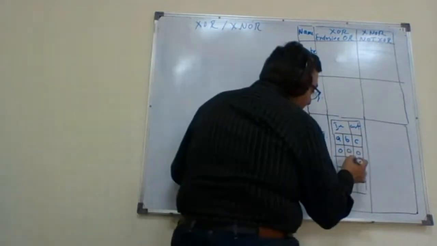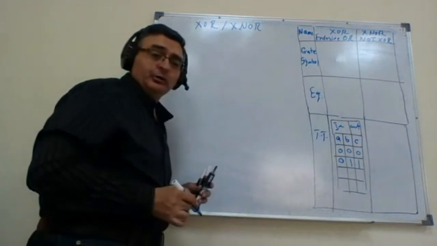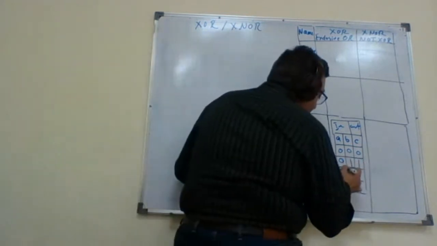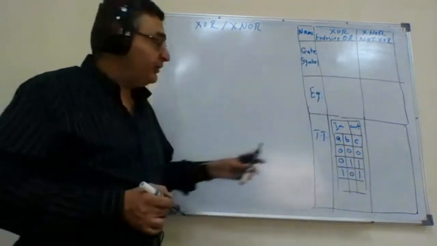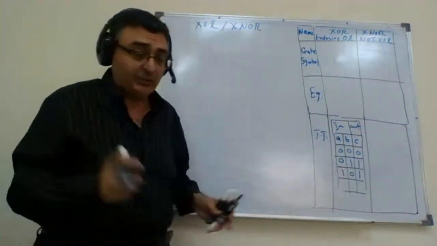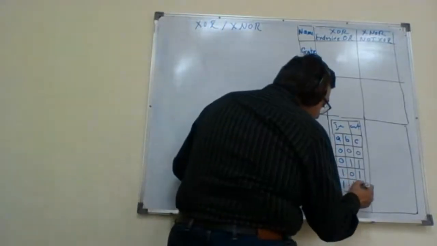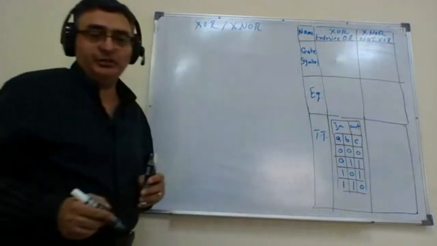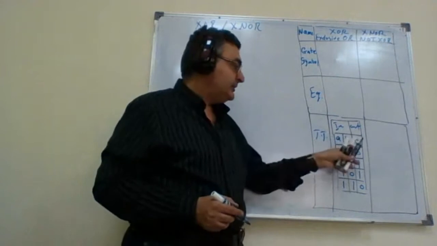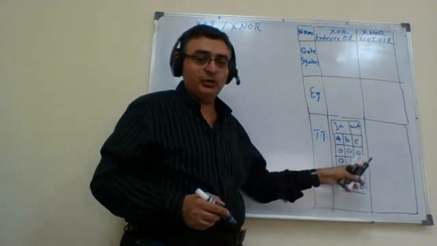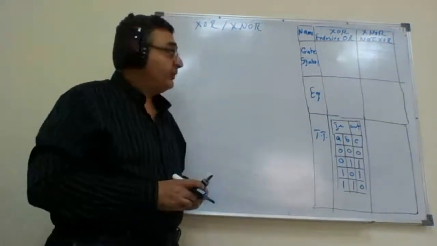If I have B 1, A 0, this will be 1, similar to the OR. If I have 1 and 0, the output will be 1, similar to the OR. So in 3 cells, it is similar to the OR, except for the last cell. For the exclusive OR, if you have 1 and 1, you have a 0 as the evaluation, which makes the exclusive OR different than the OR. So instead of 0, 1, 1, 1, you have 0, 1, 1, 0, which means exclusive OR or XOR.